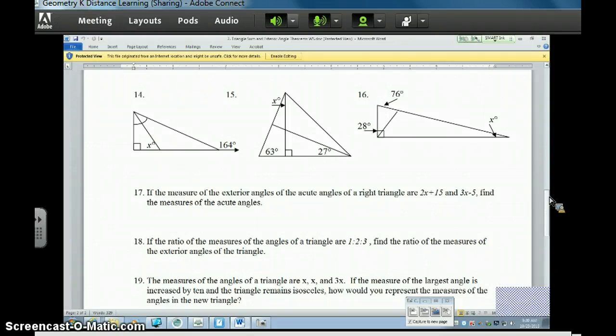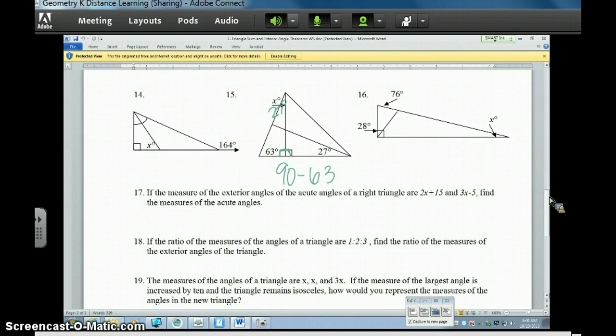So we know that if this is 90, this one has to also be 90. So we could do 90 minus 63. So that'd be 27. So we really didn't use that other 27 at all. That one's kind of weird. We just used a right triangle for that one.